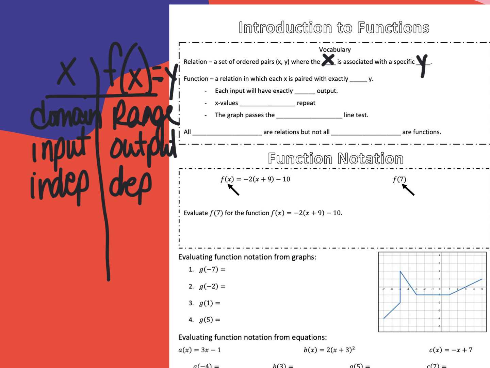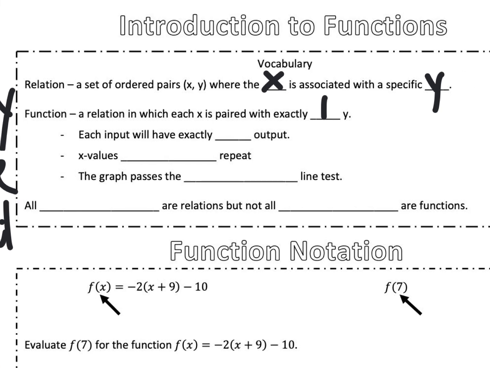A function is a relationship when each x is paired with exactly one y. Sorry, my one is a little crooked there. One y. Each input, or x, has exactly one output, or y. X values cannot repeat.